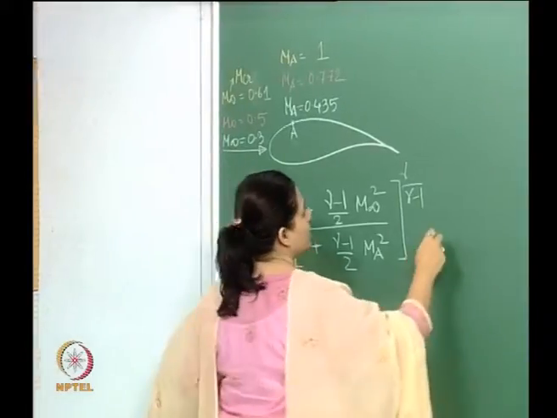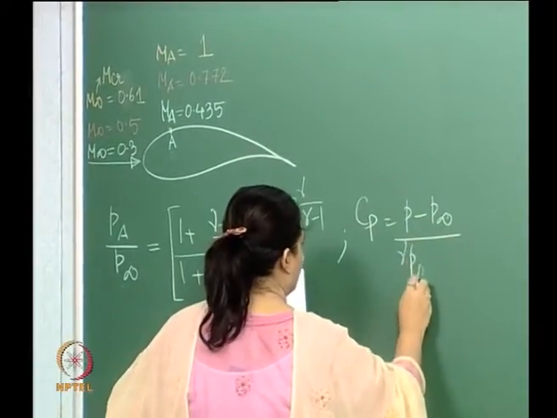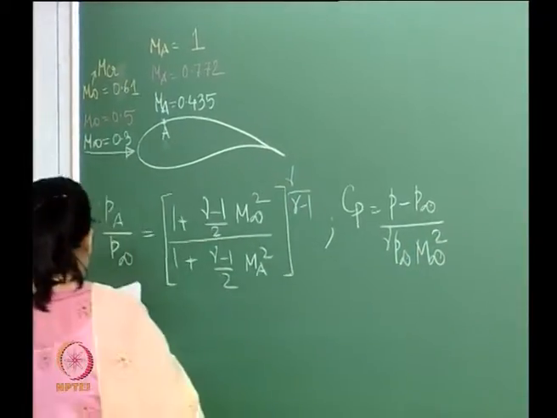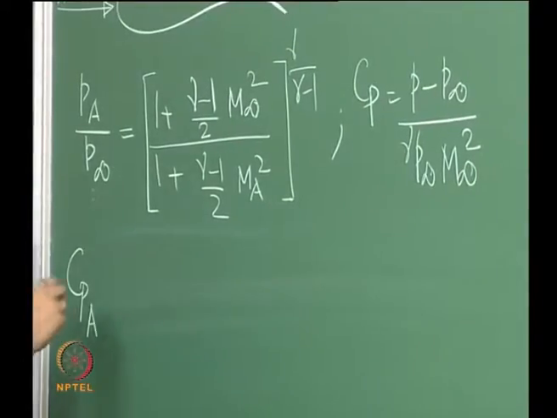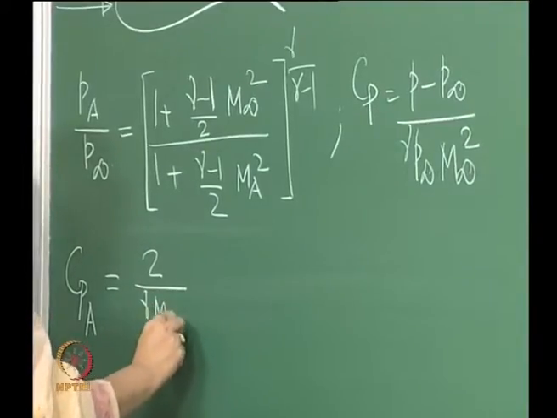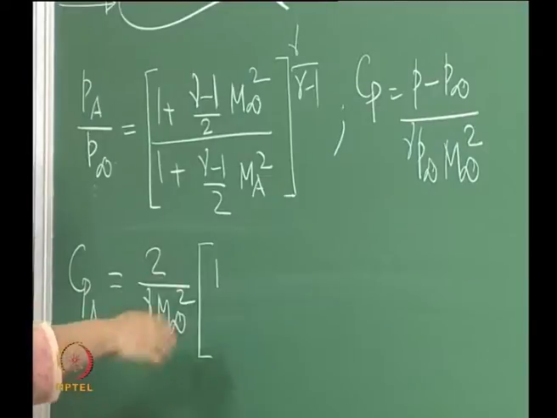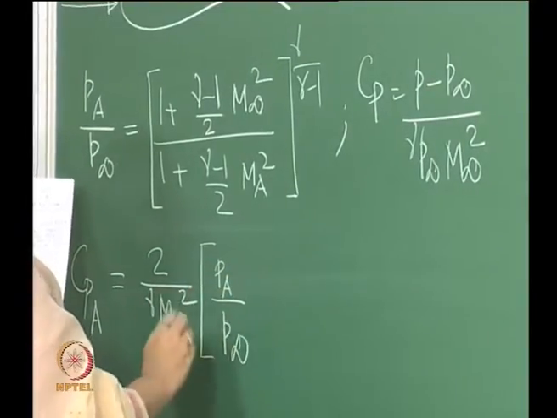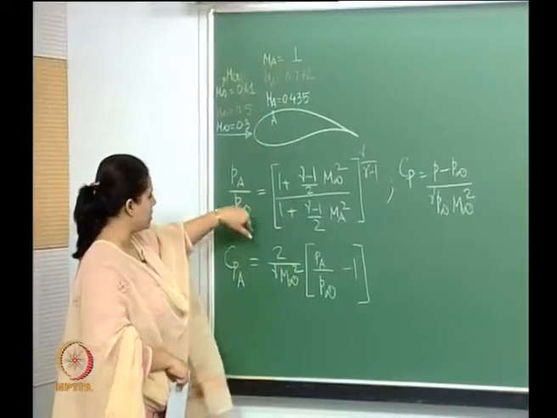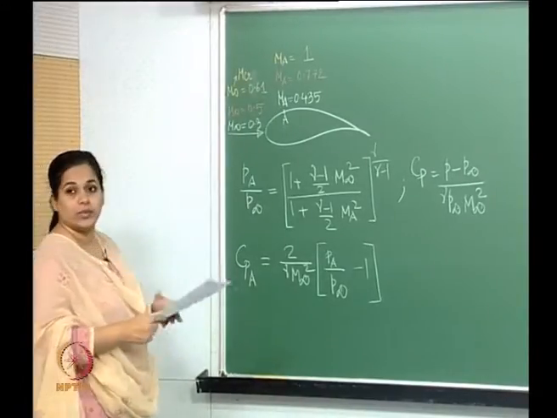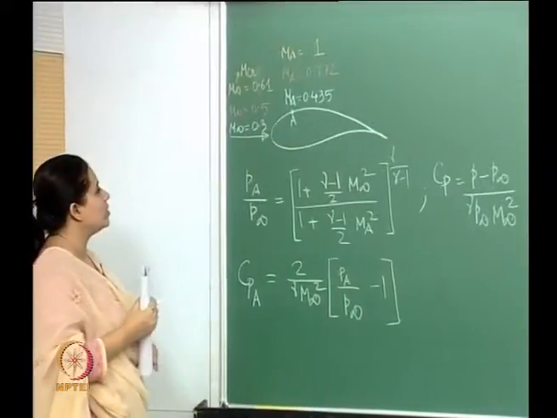And also, if you remember, the coefficient of pressure is basically defined; therefore, let us write the coefficient of pressure at the location A. I can write this as P A by P infinity minus 1, and P A you can write in terms of the Mach number.